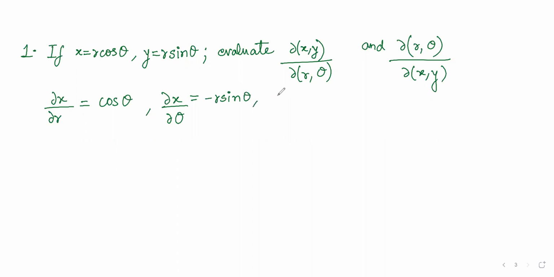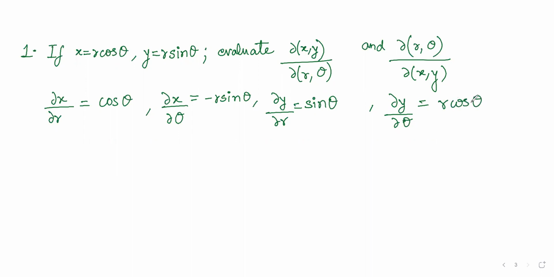Similarly, we find delta y by delta r, and that is sin theta here. Okay, and delta y by delta theta is r cos theta.